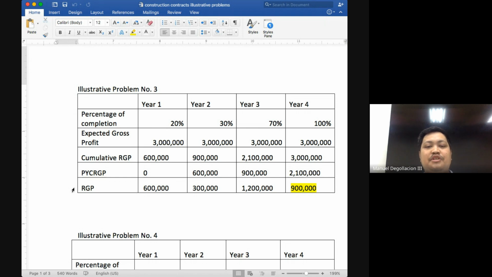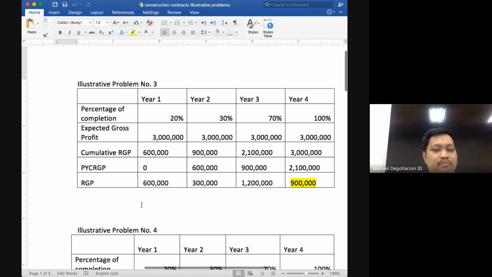Previous year's cumulative RGP was 2,100,000, broken down into 600 in year 1, 300 in year 2, and 1,200,000 in year 3. So if we have earned 3 million and we have already recognized 2,100,000 in the past 3 years, the additional RGP that will be reported this year would be 900,000. Okay. And if you add all the RGP in the previous years, that will give you the expected gross profit.